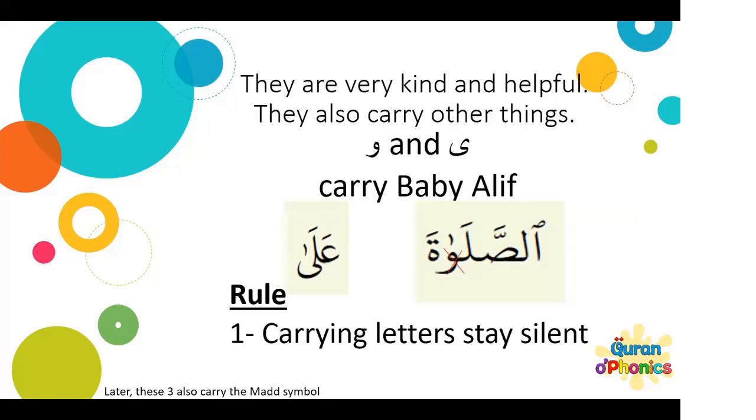We introduced this concept that a baby letter and the big letter have the same sound. So baby alif is just like big alif, and baby waw is just like big waw. We've talked about these. And this concept of carrying letters comes later as well. These carrying letters also carry other things later on, for example, like the mad symbol, which will come later.